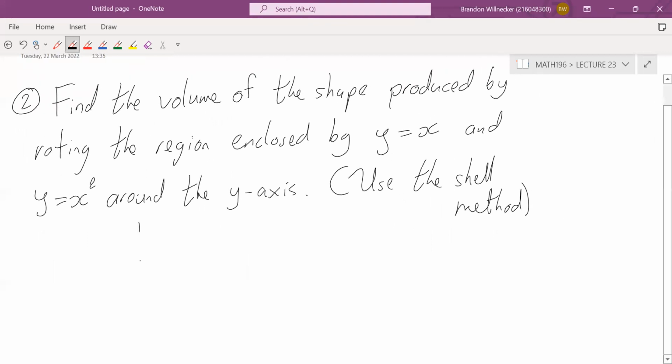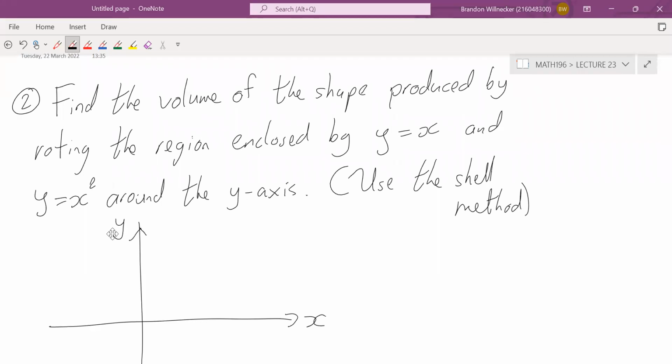Okay, so let's just draw a little sketch of what's going on. So we have x and y, and then the region enclosed by y equals x and y equals x squared. So we've got a straight line, and then we've got the parabola. At the top, we have y equals x.